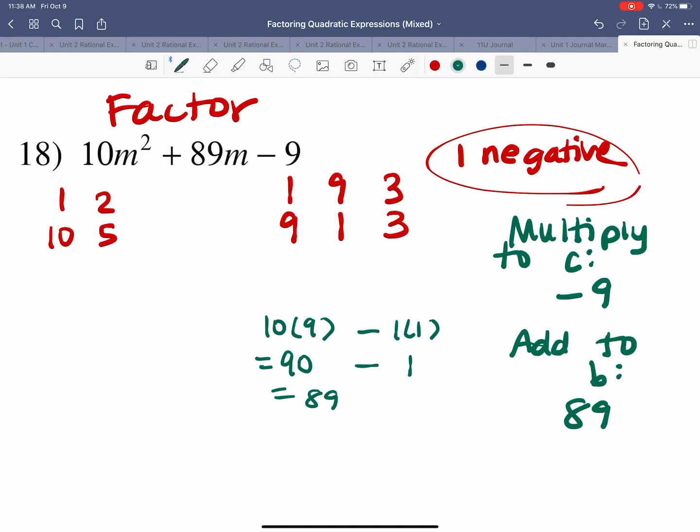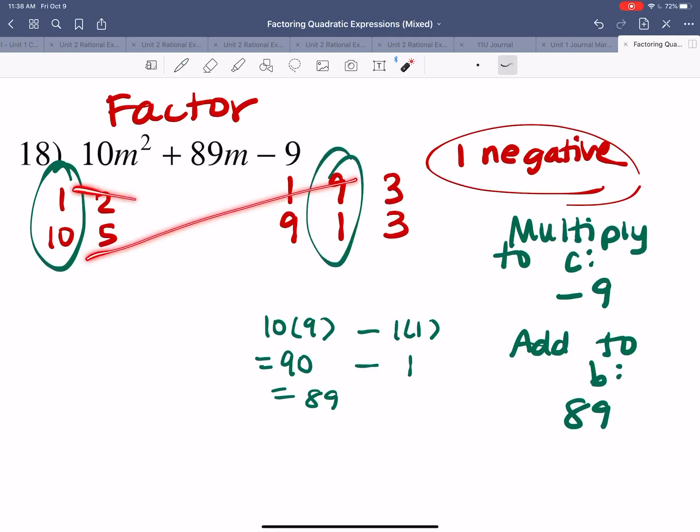So that means, so I don't lose track, I was dealing with 1 and 10 and 9 and 1 as a reminder. So where do I put the negative sign? I put the negative not here because that's going to get me the -89, but I want it here. And remember, we're doing it the crisscross way when we're finding the right pair.